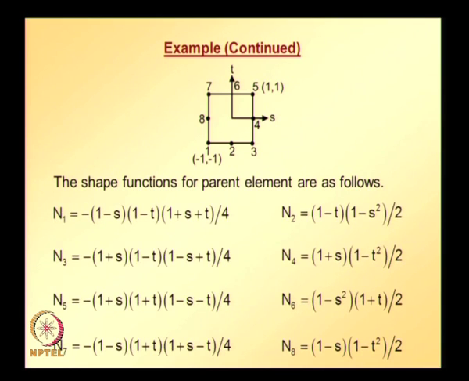So, from there you can easily get this information, the shape functions for this 8 node parent element in terms of s and t. So, we have all the expressions for the shape functions, we also know the x y coordinates of the actual element. So, we can easily use both the information, and we can write expressions for isoparametric mapping.